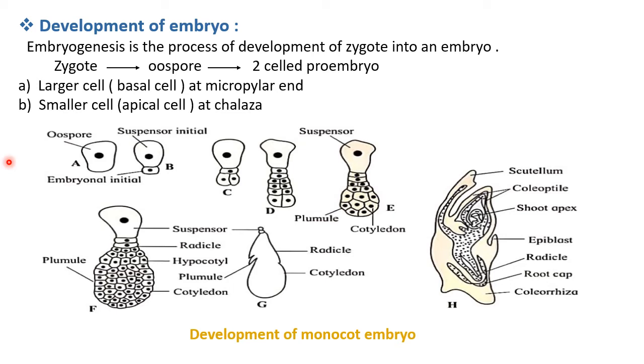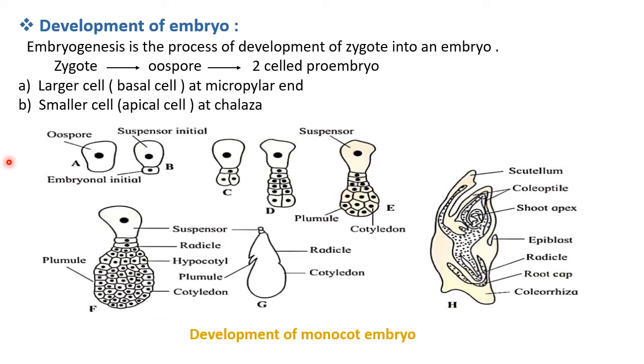Embryogenesis is the process of development of zygote into an embryo. The process of development of embryo in dicot and monocot is the same. The only difference is that dicot embryo shows development of two cotyledons, while monocot embryo shows development of only one cotyledon.